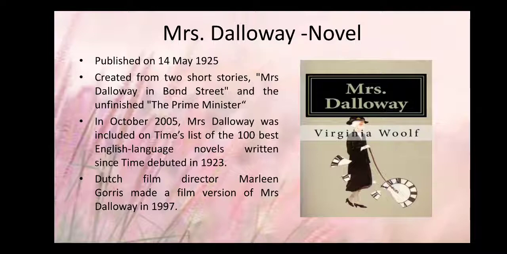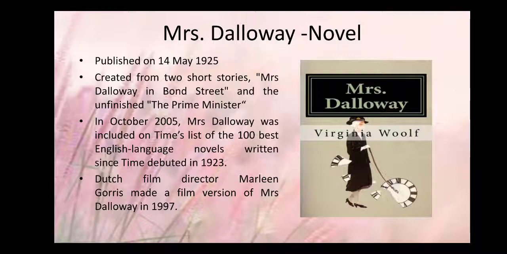So much so, the popularity of this novel can be measured by the fact that in 2005, Mrs. Dalloway was included on Time's list of the 100 best English language novels written since this magazine, Time, debuted in 1923.